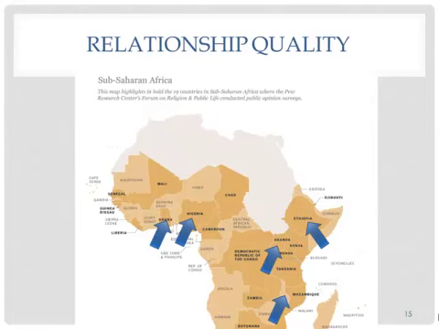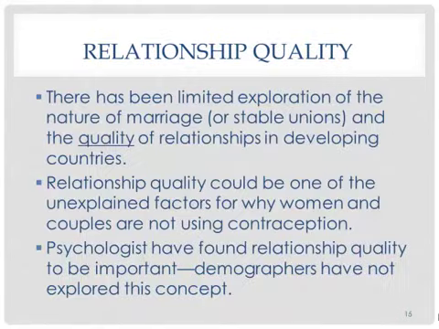So we're going to move to sub-Saharan Africa, and I'm going to be talking about some work that's based on studies that are going on in 6 sub-Saharan African countries, Egypt and China. As a background, there's really been limited exploration of the nature of marriage or stable unions and the quality of relationships in developing countries.